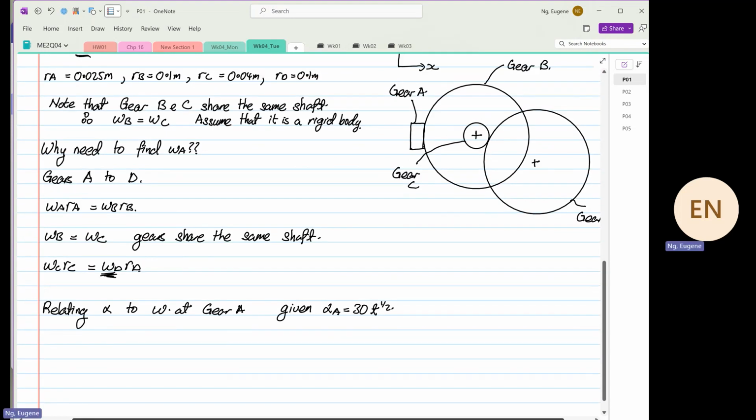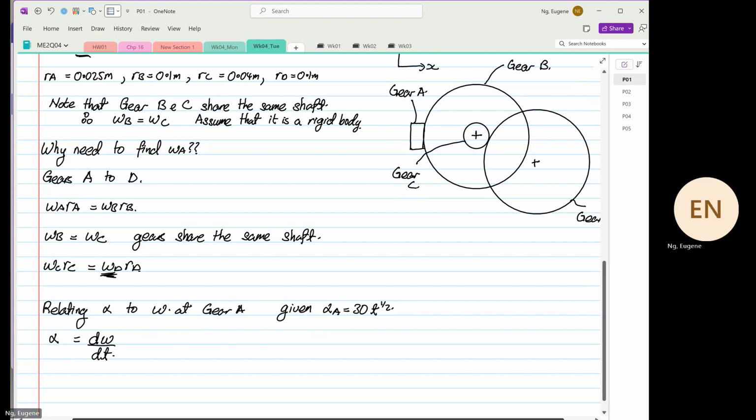So we know the relationship where omega is equal to... Wait, don't need this one. The formula that we need to know is that alpha is equal to d omega over dt.